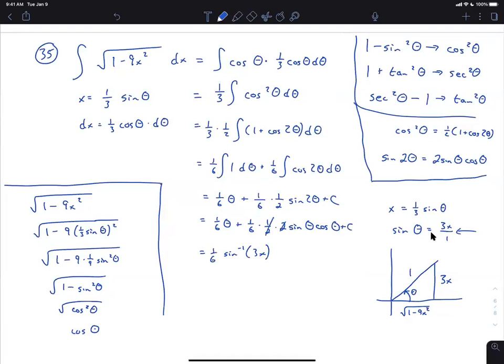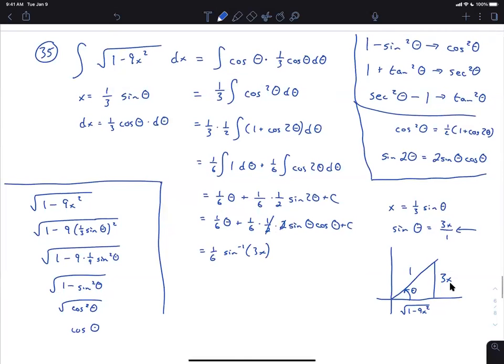So sine theta is 3x over 1. So then theta is the inverse sine of 3x within the domain restriction, which this is. And then we have the 1/6, and sine theta we read right off the triangle. Sine theta is opposite over hypotenuse, or y over r, so it's 3x over 1.